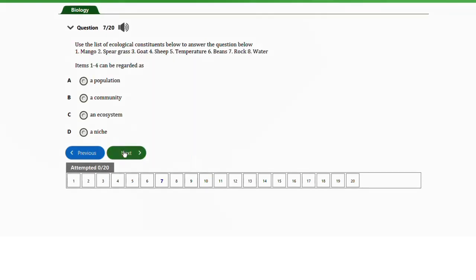The next question we'll consider is question number 7. It says, use the list of ecological constituents below to answer the questions below. We have 1, mango, 2, spear grass, 3, goats, 4, sheep, 5, temperature, 6, beans, 7, rock, 8, water.